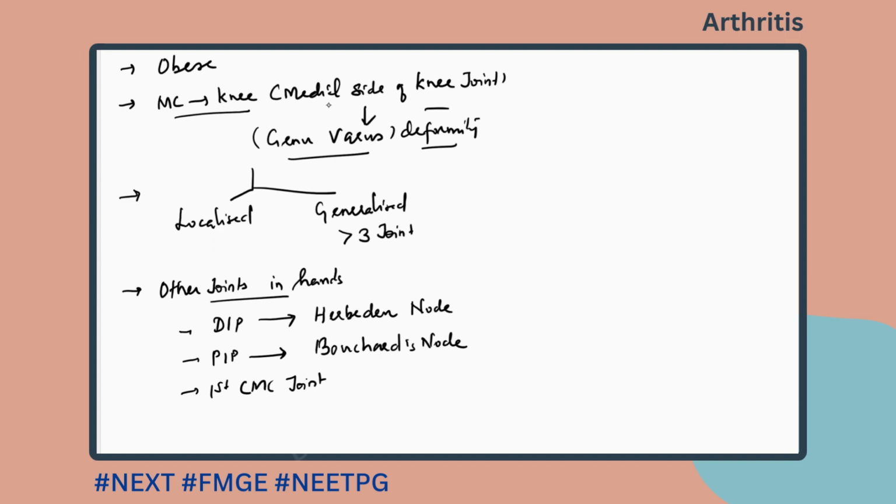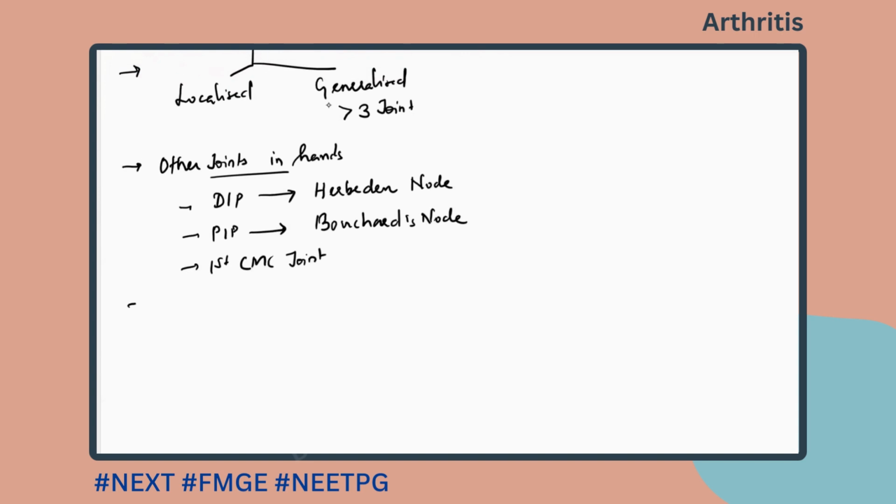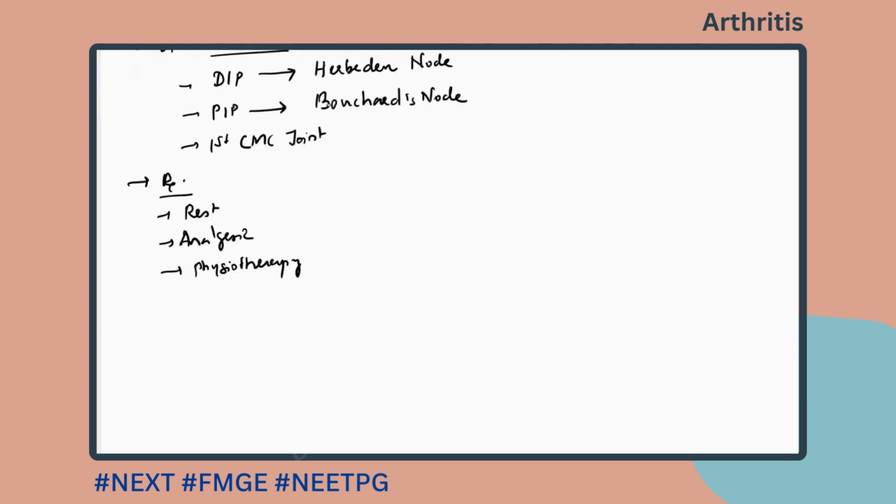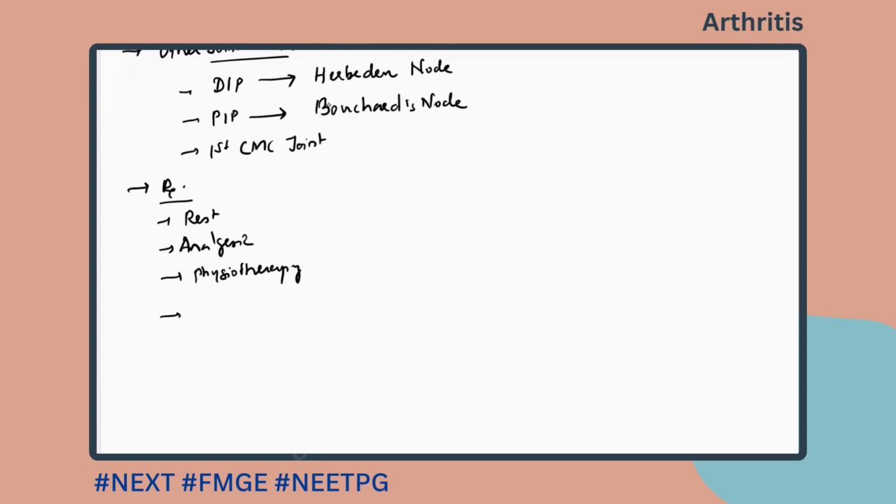Once you diagnose a patient with osteoarthritis, how are you going to treat him? You treat him with rest, you give him analgesics to reduce the pain, and you give physiotherapy for strengthening the muscles.